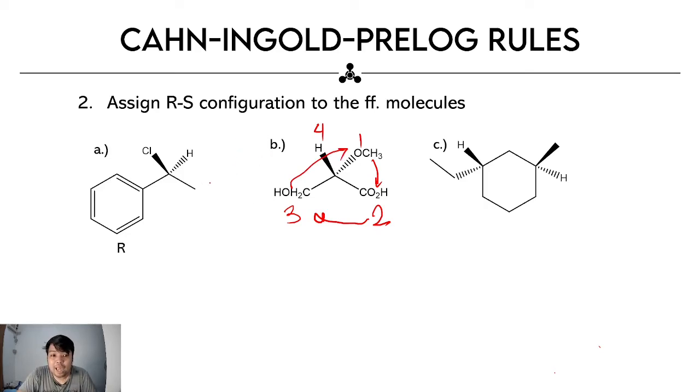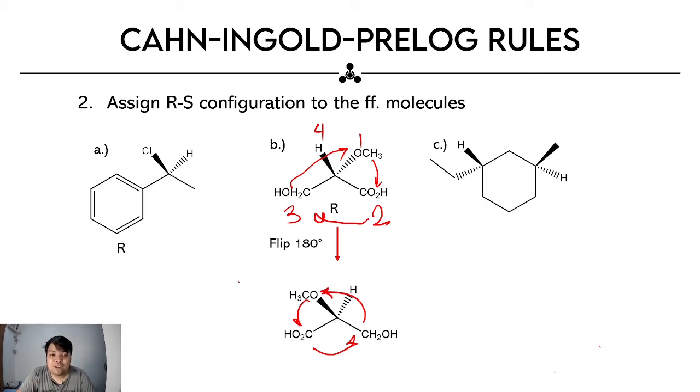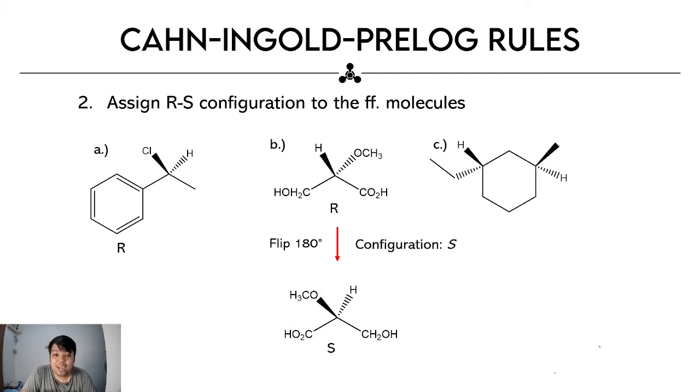So the movement of the arrow will be R. Now, if you flip it 180 degrees, it would look like this, and the movement from clockwise will be counterclockwise, and that is S. Okay? So therefore, the configuration of our molecule on letter B will be S.